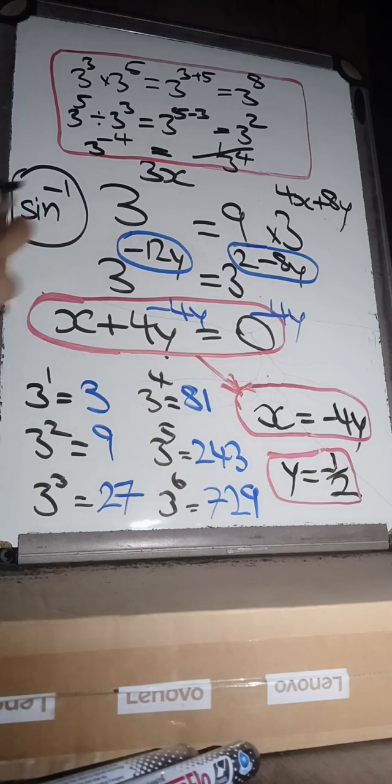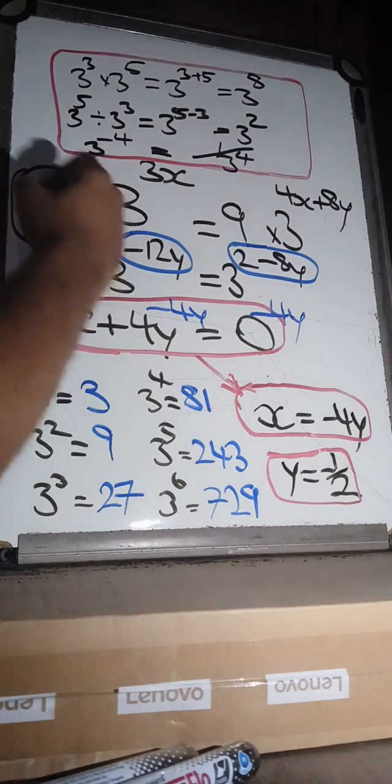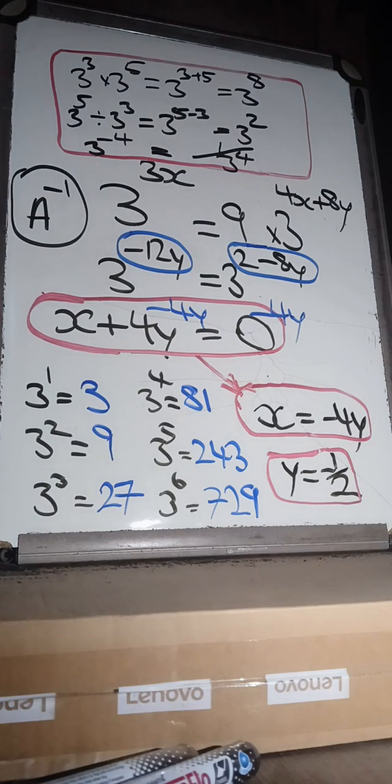And even in matrices, you have finding the inverse of a matrix that you represent as A raised to the minus 1. So representing it like that comes from this, and also what you would call scientific notation.